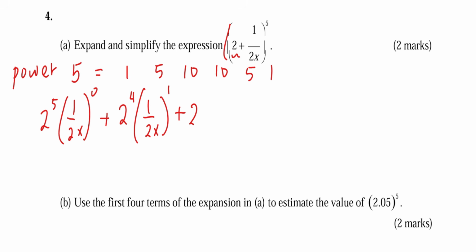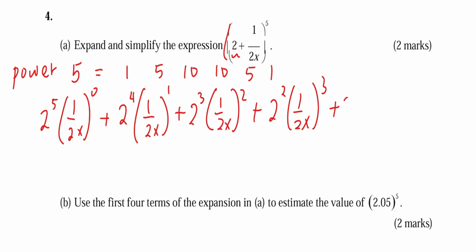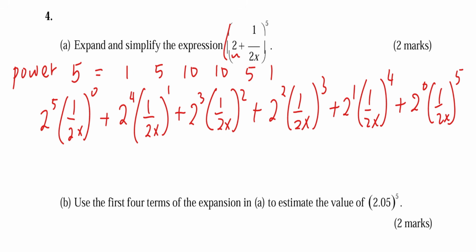So this will be 2 to the power of 3 times (1 over 2x) raised to power 2, plus 2 to the power of 2 times (1 over 2x) raised to power 3, plus 2 to the power of 1 times (1 over 2x) raised to power 4, and last but not least 2 to the power of 0 times (1 over 2x) raised to power 5. Anything raised to power 0 is 1, so you don't need it.